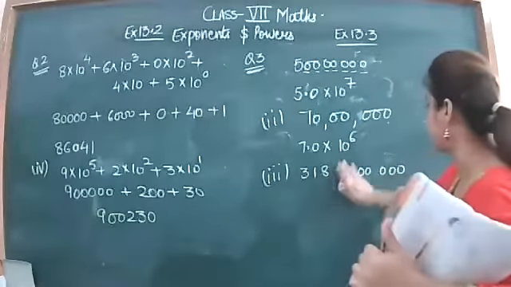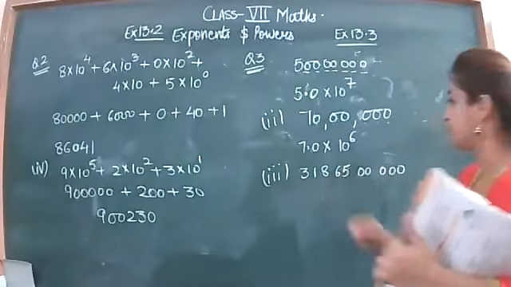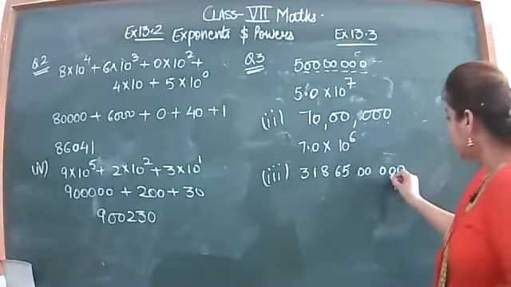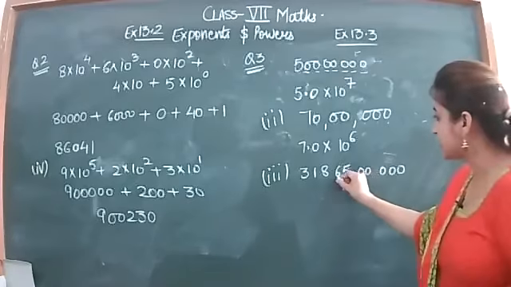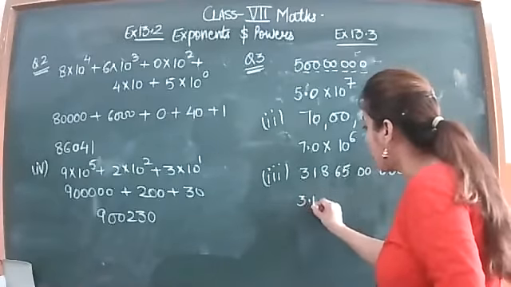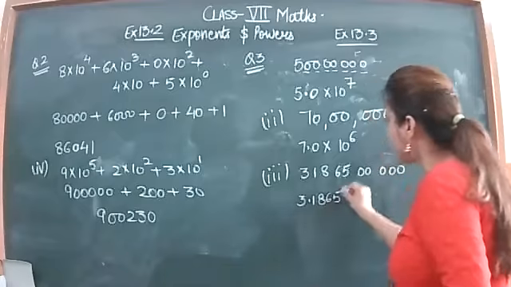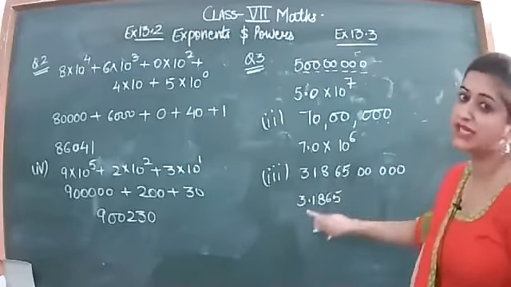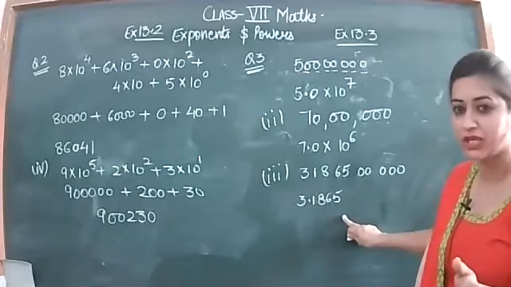318650000. 1, 2, 3, 4, 5, 6, 7, 8, 9. So it will become 3.1865. If they are zeros, you can leave writing them, but if they are non-zero numbers, then you have to write them. You can't leave the numbers.